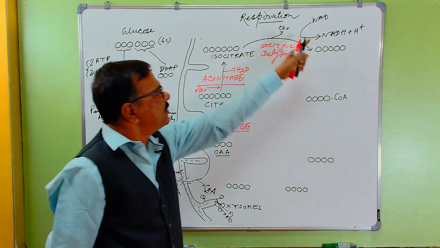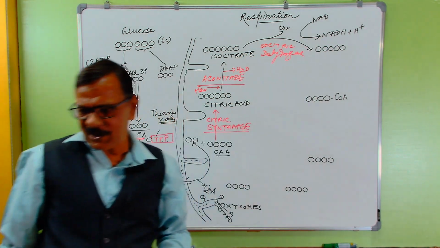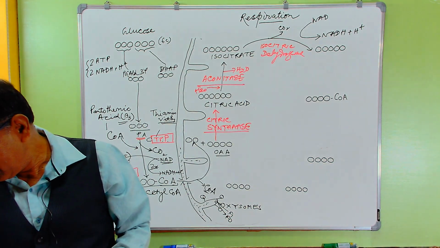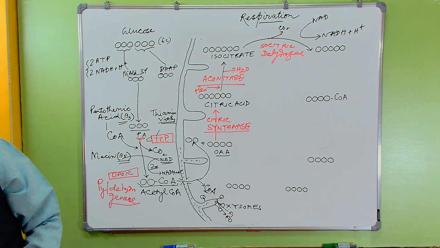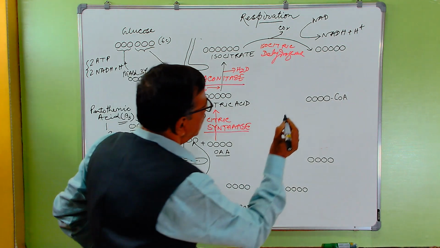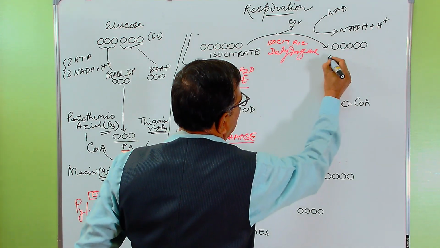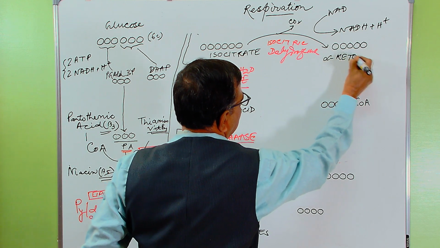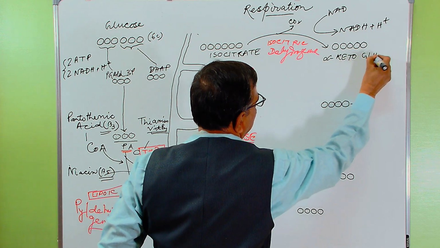Now some CO2 is going out and NADH is produced. It is called isocitric dehydrogenase, and this produces alpha keto glutarate.